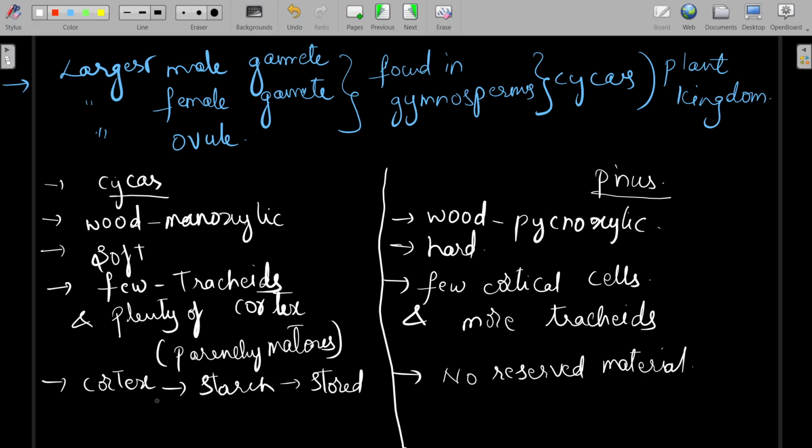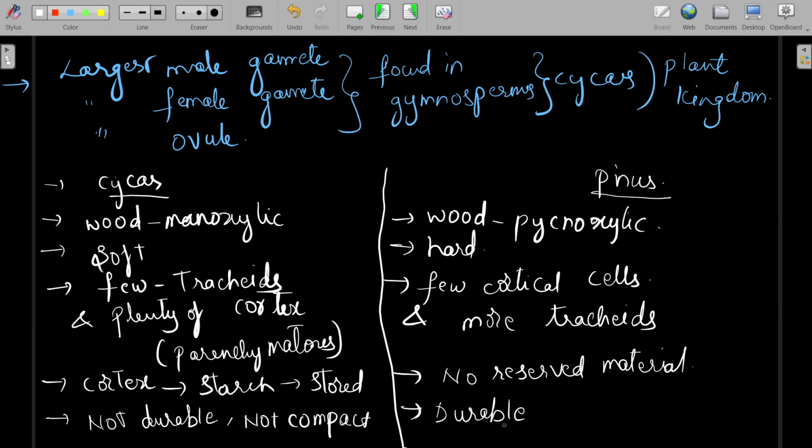In cycas, wood is not durable because it is soft and has more cortical cells. In pinus, it has more tracheids, so it is durable. In cycas, wood is not compact, whereas in pinus it is compact.